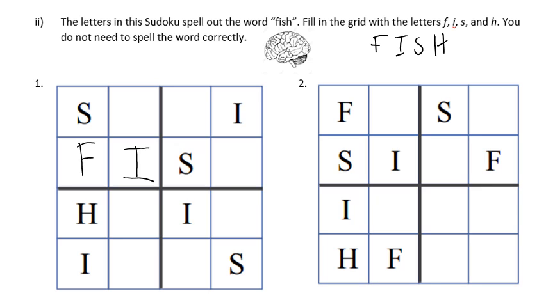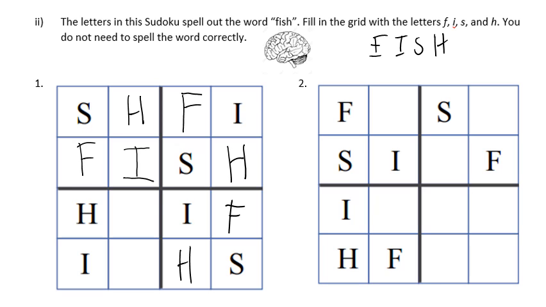Yeah, so, well, we'll try it. And then here I put what? No. I have I, S, H, S. Okay. Here I have F, I, S, H. Okay. Here I have F, S, I. And then so obviously here I'm missing an F. Okay.